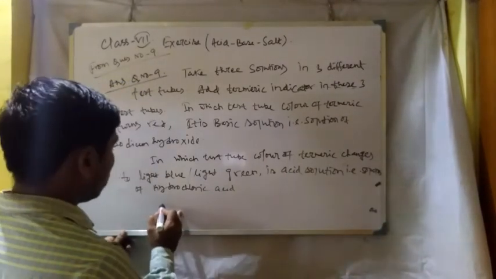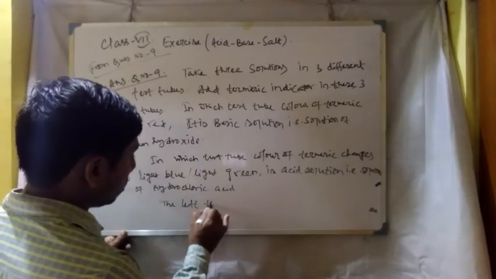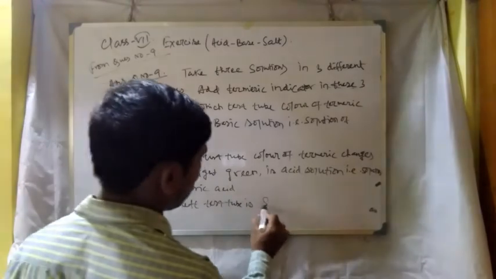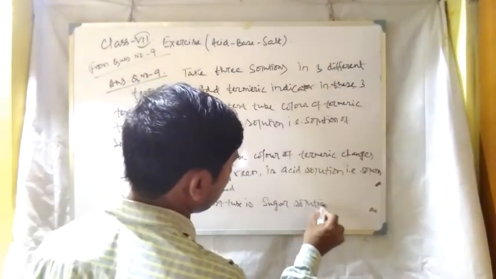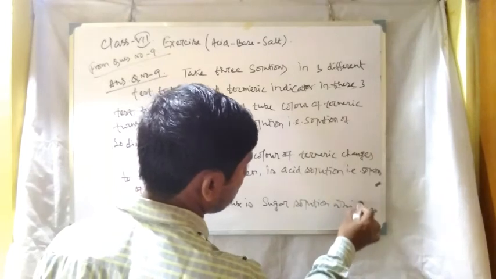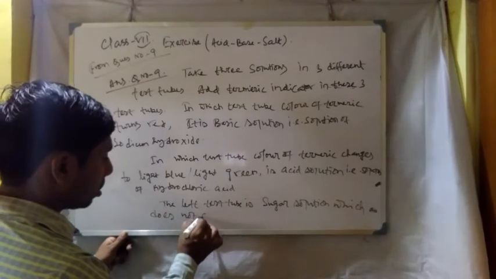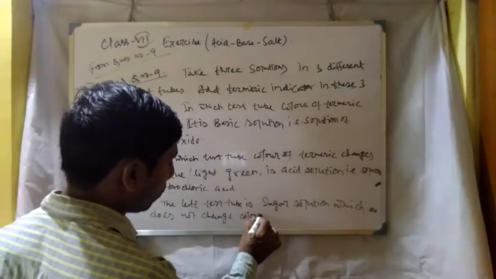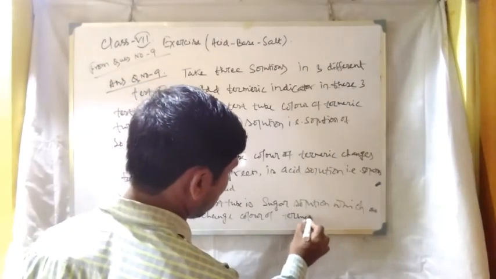In the left test tube is sugar solution which does not change color of turmeric indicator.